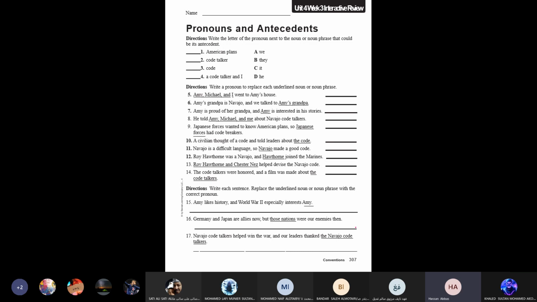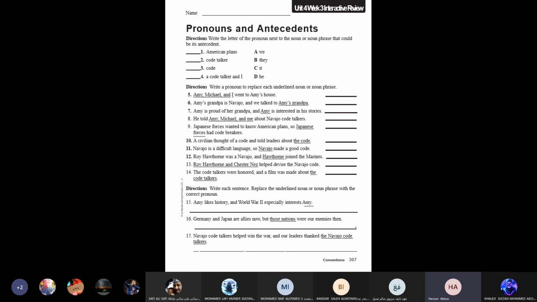It's written here as directions. Directions is just like instructions to understand what you have to do. So reading the head of the question is very important. That's why I always ask you to read it.